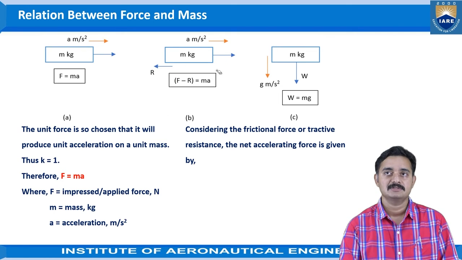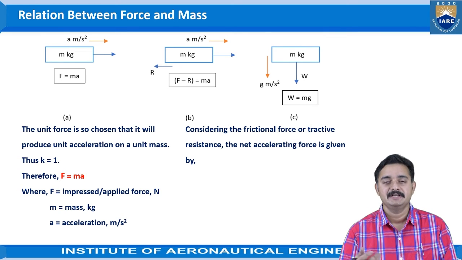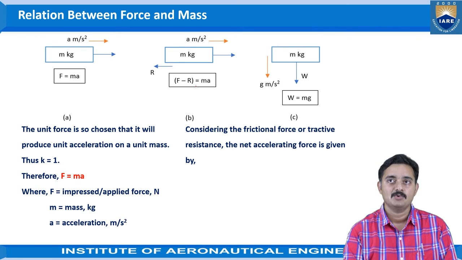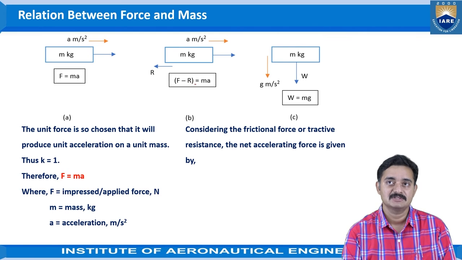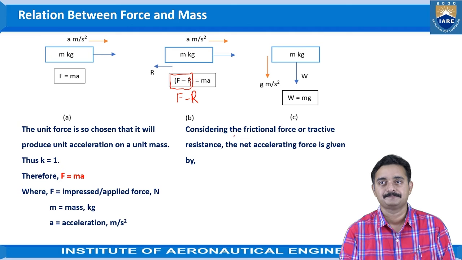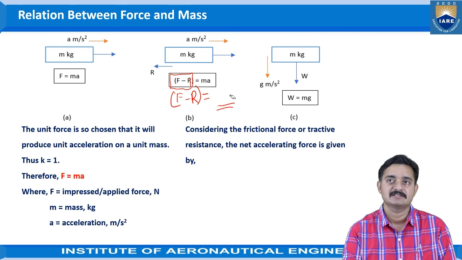So the applied force is being decreased because of the resistance force. The total force being applied in this system would be F minus R. That means the actual force applied for the movement of the object minus the resistance force R. And that would be the ultimate force, F minus R, which is equal to MA, the mass into acceleration.